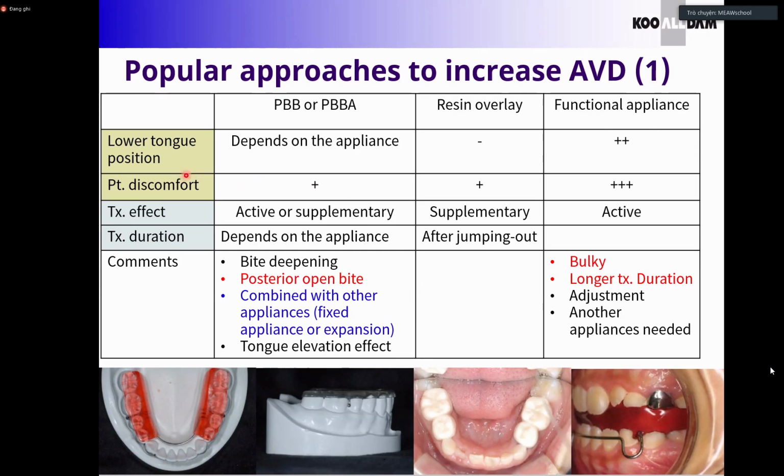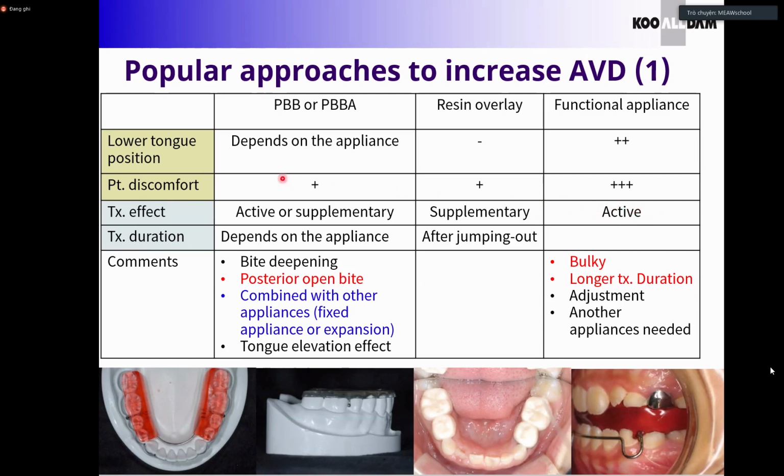I want to emphasize, especially, discriminating between these appliances based on the lower tongue position and also patient discomfort. Through functional appliance, we may achieve some good results.